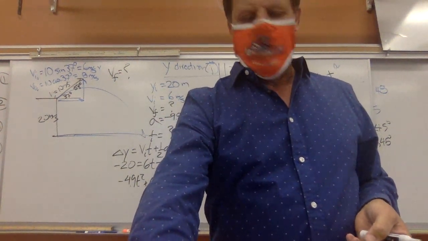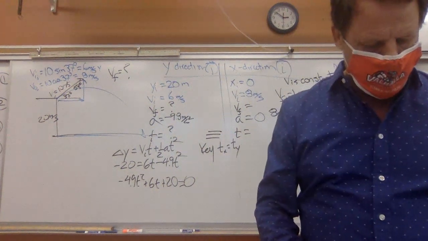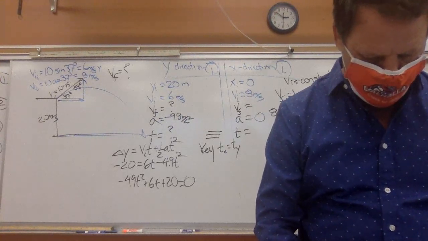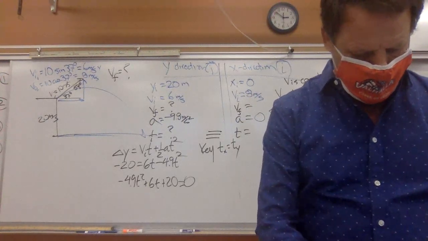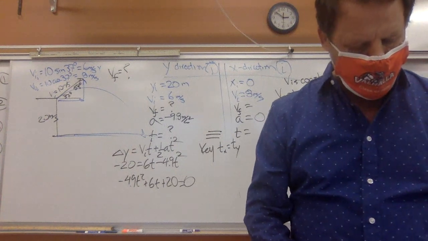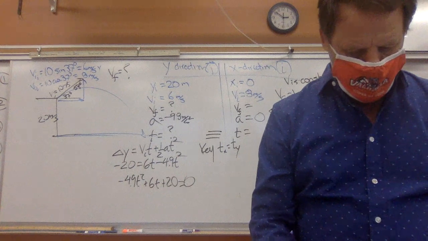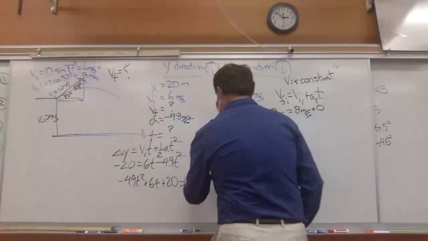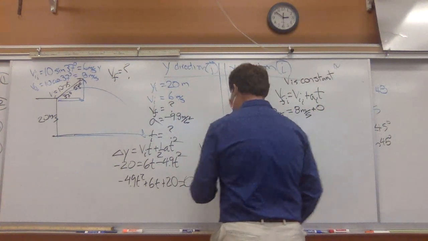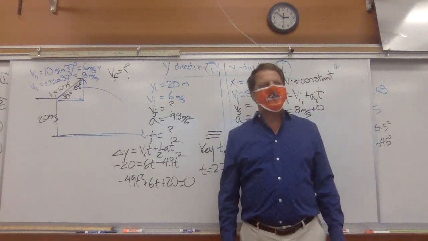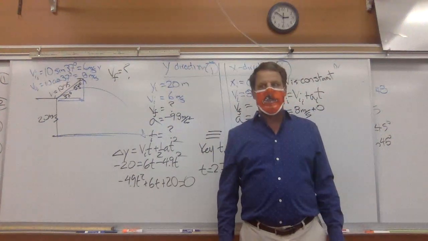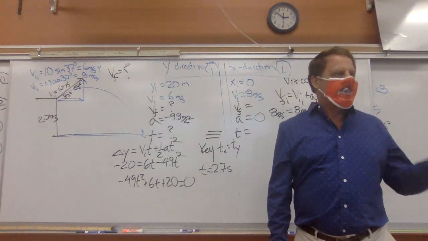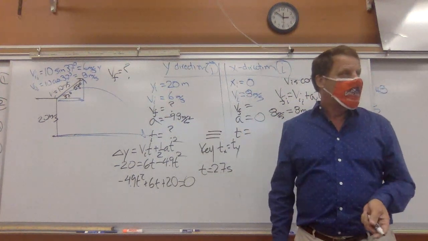And now I am just going to put this into a quadratic equation problem solver in my computer. Okay, and I'm going to get a time of 2.7. Time is equal to 2.7 seconds. So now there's a second time, which is negative 1.5, but that negative 1.5 doesn't make physical sense.